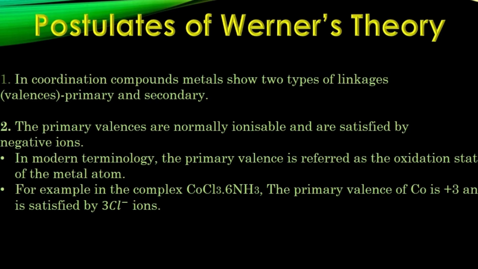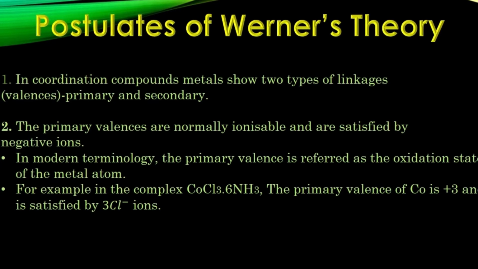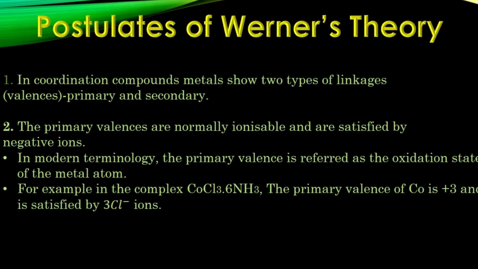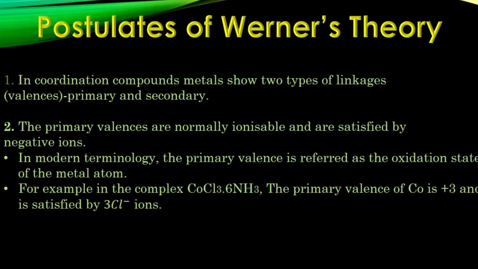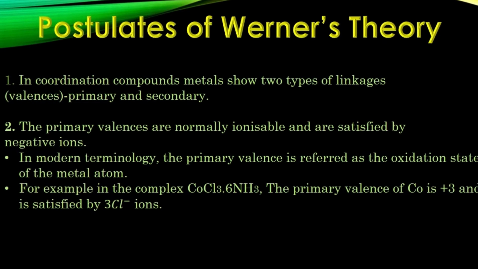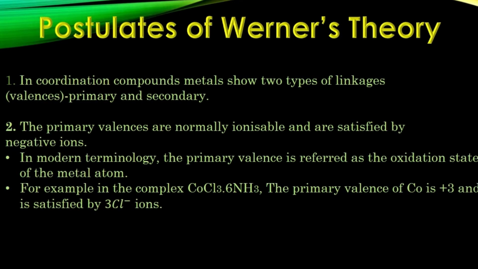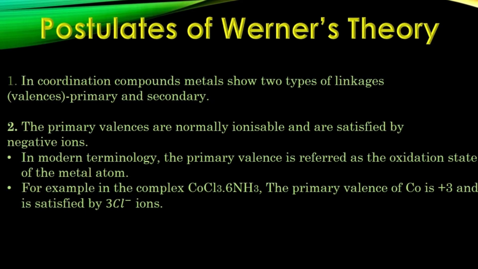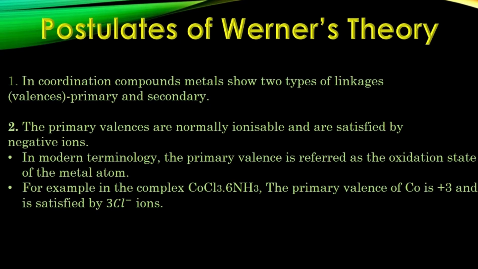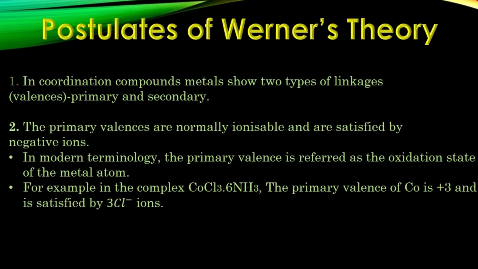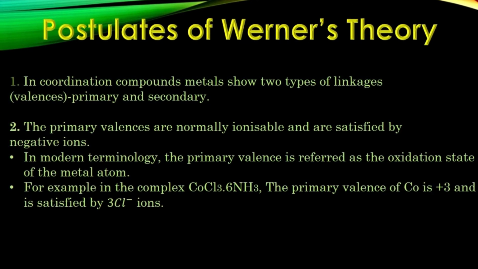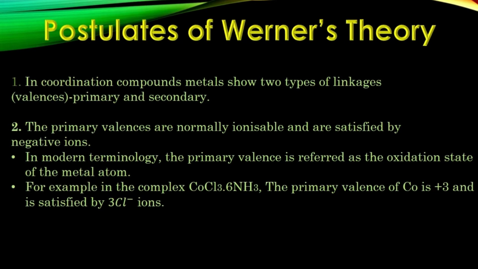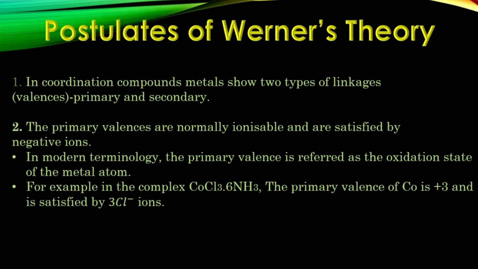In coordination compounds, metal atoms exhibit two types of valencies, namely the primary valency and the secondary valency. The second postulate is that the primary valencies are ionizable, whereas the secondary valencies are non-ionizable. In modern terminology, we can say primary valency corresponds to the oxidation state of the central metal atom.